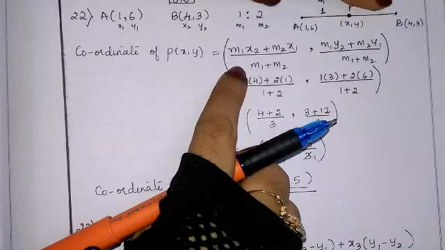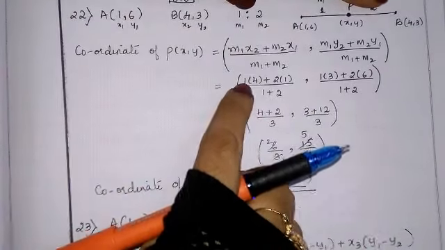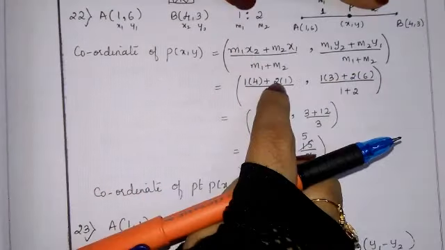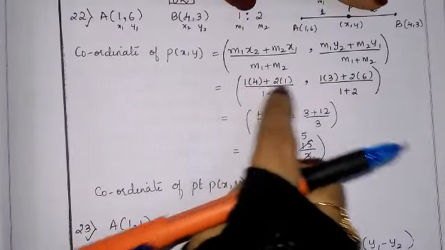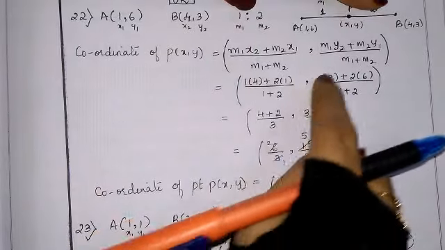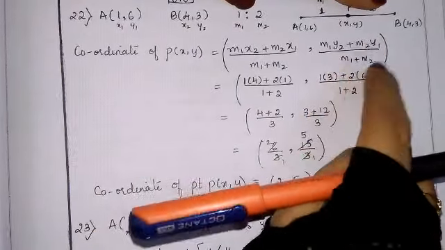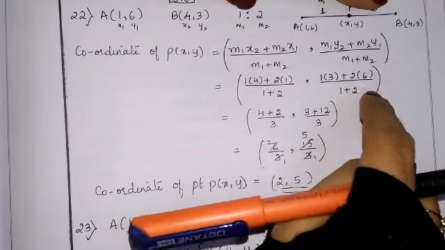This is the formula for finding the coordinates of a point, also called the section formula. So let us substitute the values. M1 value is 1, x2 value is 4, plus m2 value is 2 into x1 value is 1, upon 1 plus 2. M1 is 1, y2 is 3, plus m2 is 2, y1 is 6, upon 1 plus 2.